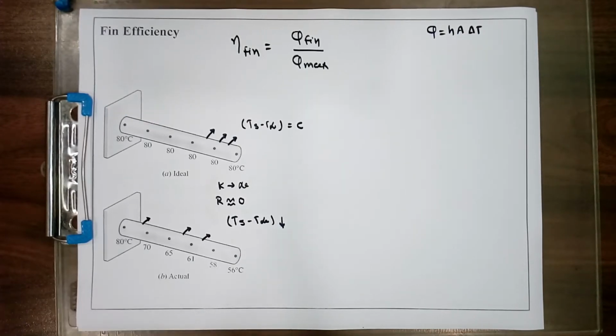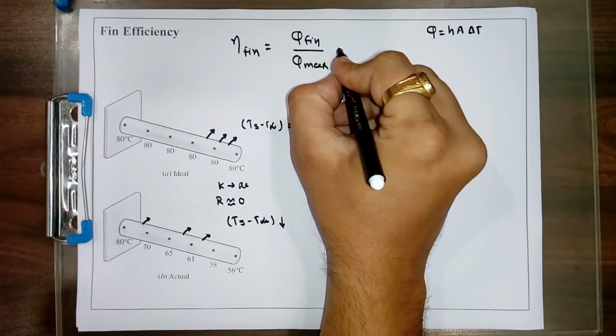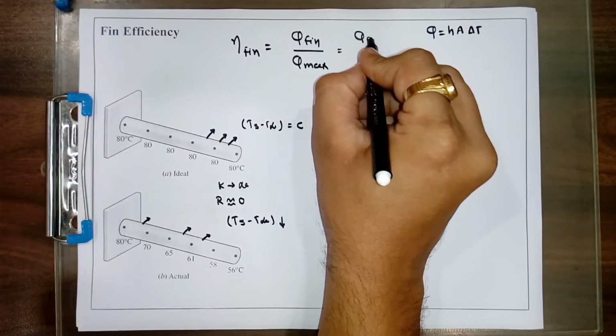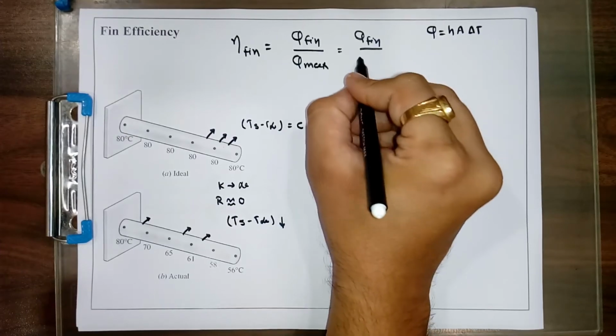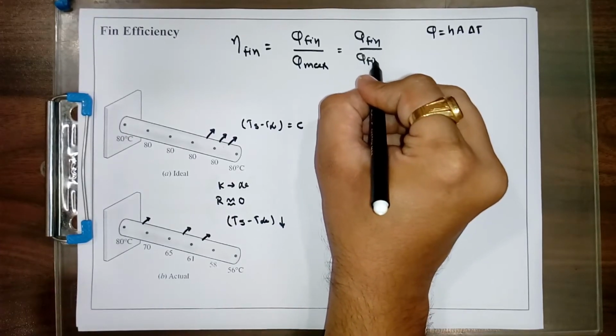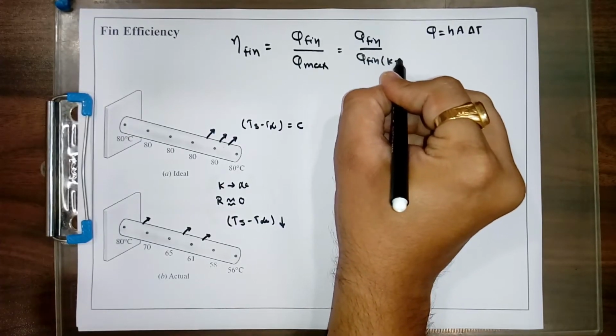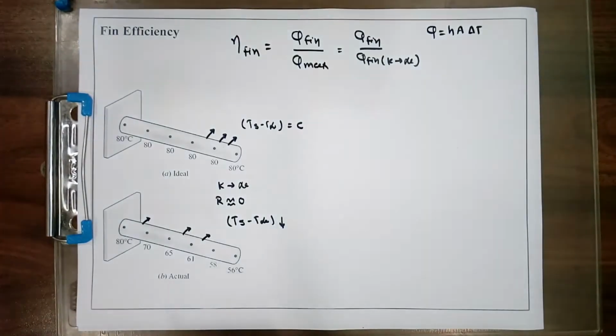In other words, we can write q fin divided by q fin considering k tends to infinity. You need to remember these words, and I repeat the definition.